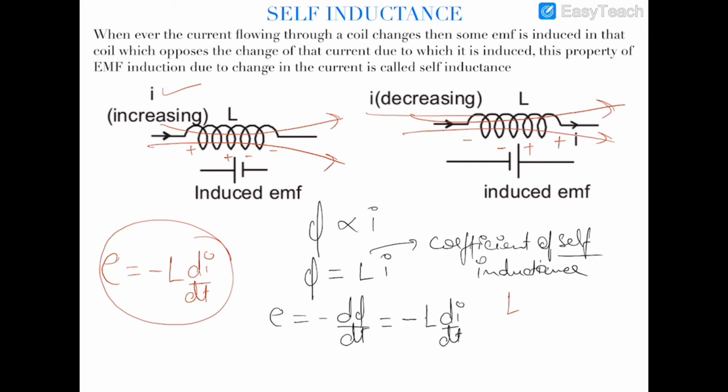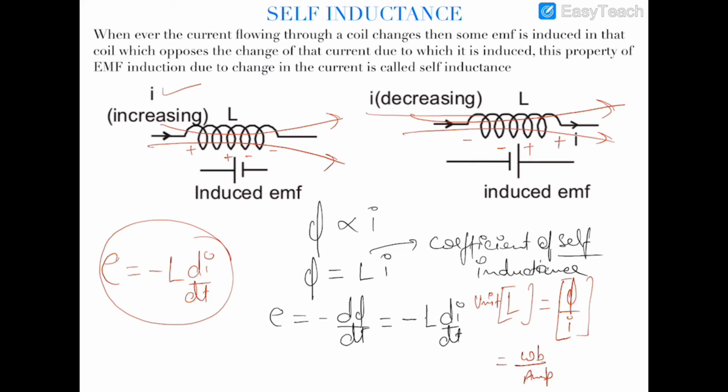The unit of L is also equal to the unit of phi upon I, and the unit of phi upon I is Weber per ampere. So you can easily calculate the dimensions of L.